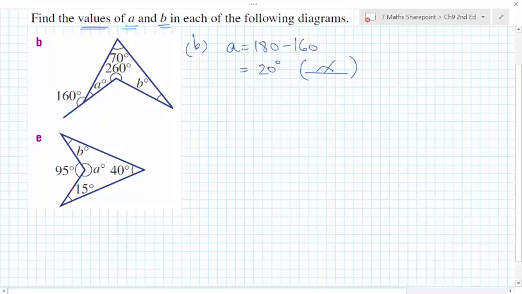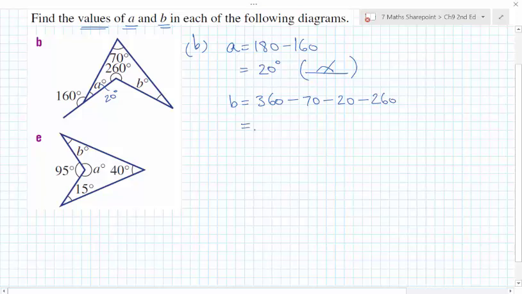So now that I know that there is 20 degrees, I can now use that all the internal angles in a quadrilateral must sum to be 360 degrees. So I can use B must equal 360 take, and I simply work my way around the quadrilateral, so take 70, take 20, take 260.